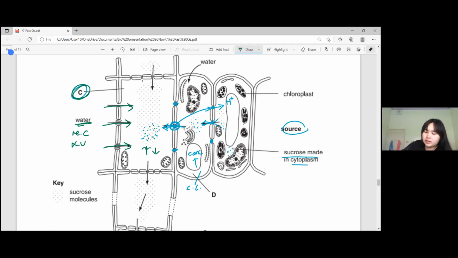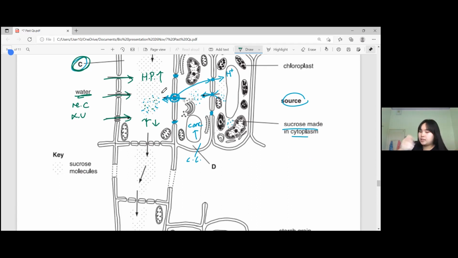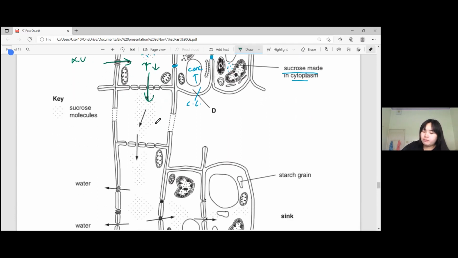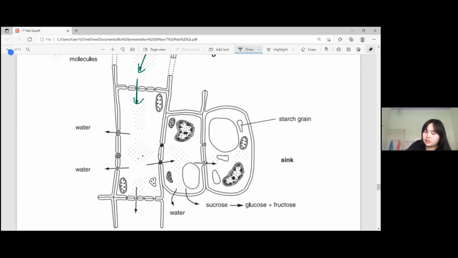Water enters here, so the hydrostatic pressure here will increase. The hydrostatic pressure will be higher and will push the sucrose down the sieve tube, down its pressure gradient.